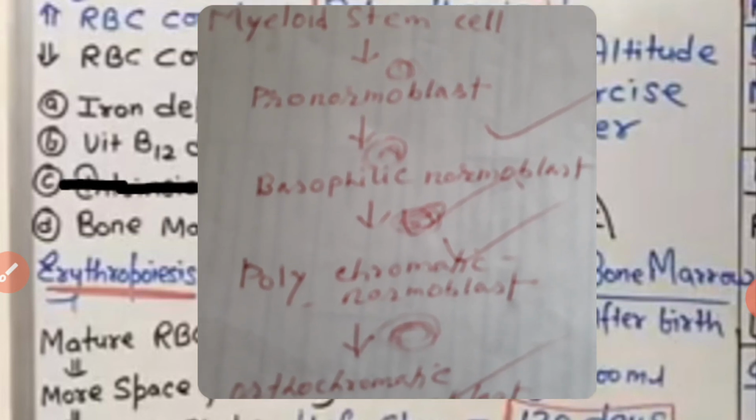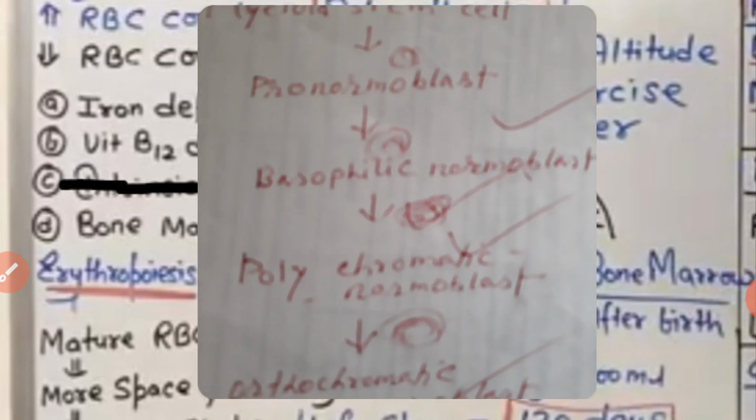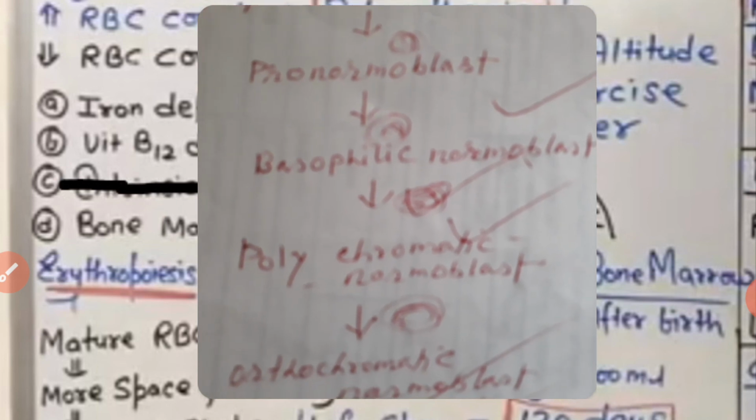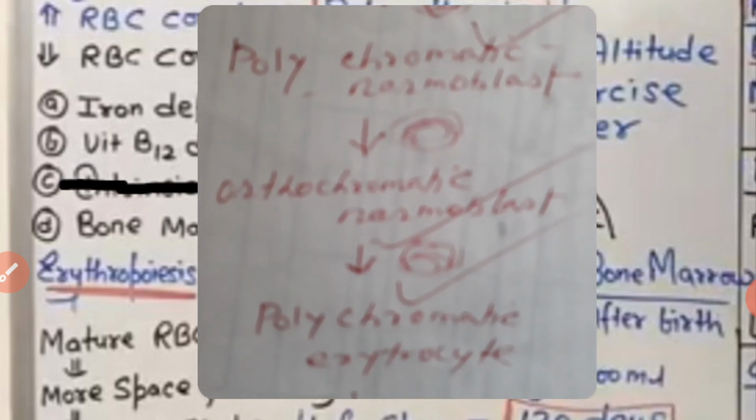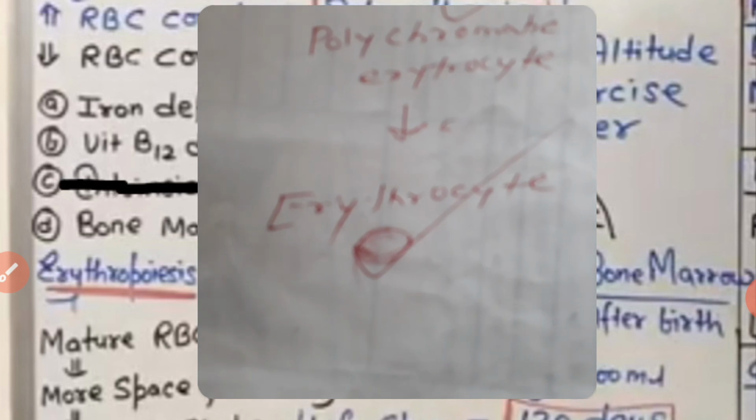and then they produce polychromatic normoblast. Afterward they produce orthochromatic normoblast, next polychromatic erythrocyte, and finally erythrocyte. This is the subsequent stage.